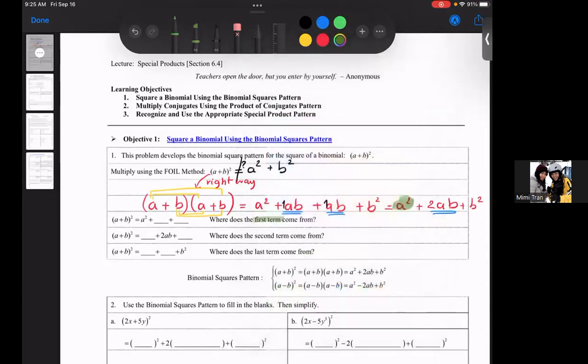A times A, right? So the first term comes by multiplying A by itself. So we got A squared.